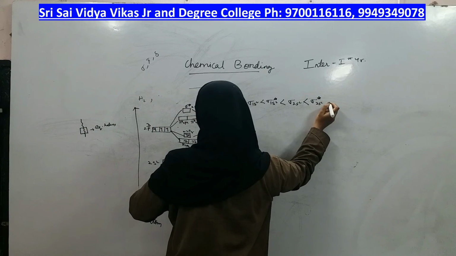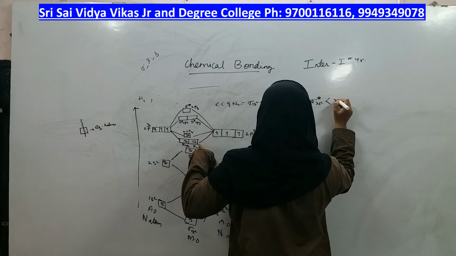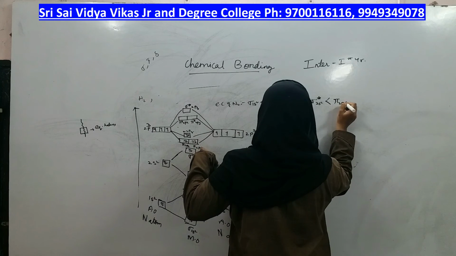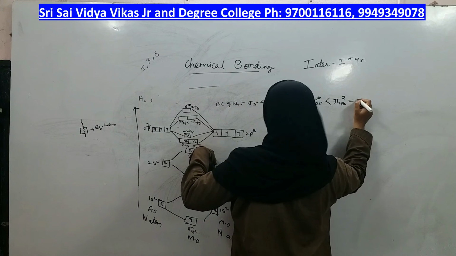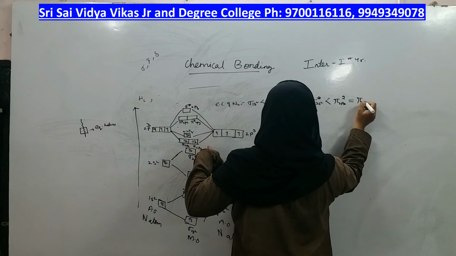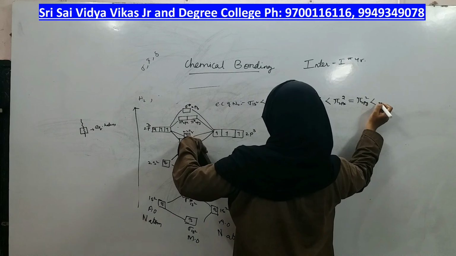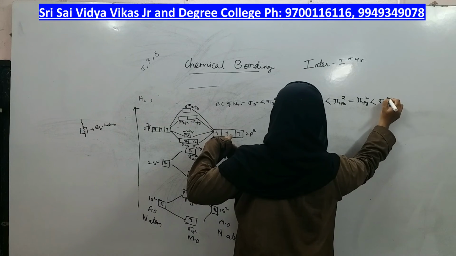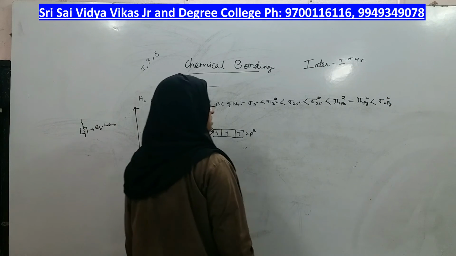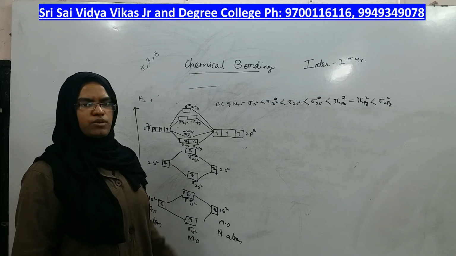Sigma star 2s2, then what next? Pi 2px, 2 electrons, which is equal to pi 2py, 2 electrons. After that, greater than sigma 2pz is having 2 electrons. This is the electronic configuration of nitrogen molecule.